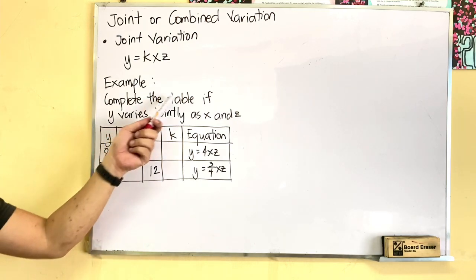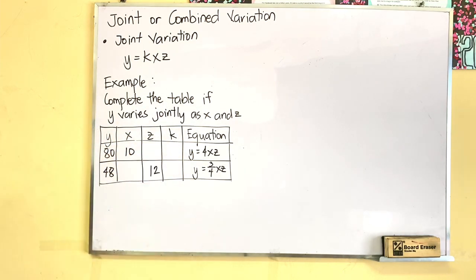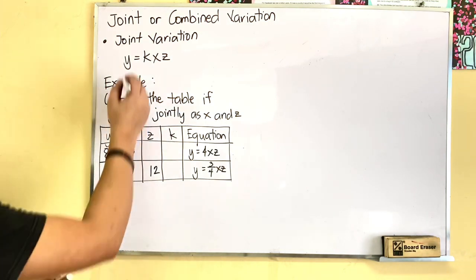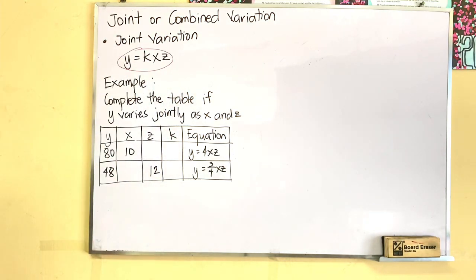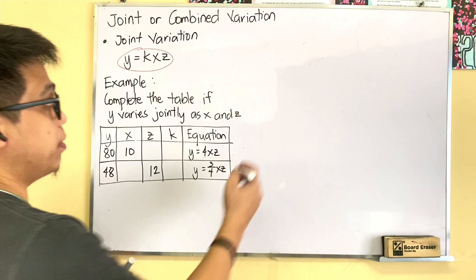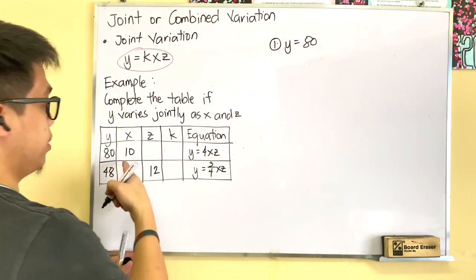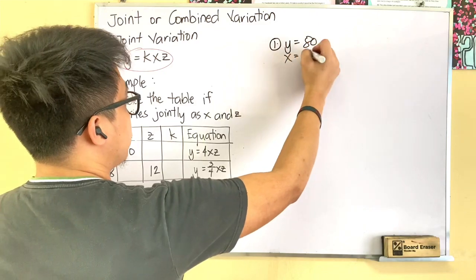Sabi dito, complete the table if y varies jointly as x and z. Kung ganito ang statement, therefore gagamitin natin ang y is equal to k times x times z. So ngayon, sa first example, kung makikita nyo, y is 80. Then x is 10.